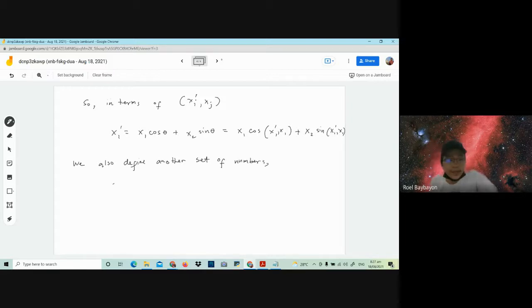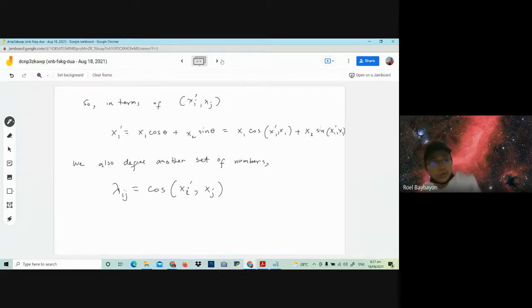This one, the lambda ij. We call this one actually the direction cosines. The lambda ij is called the direction cosine, which is equal to cosine of xi prime, take note, xi prime xj.